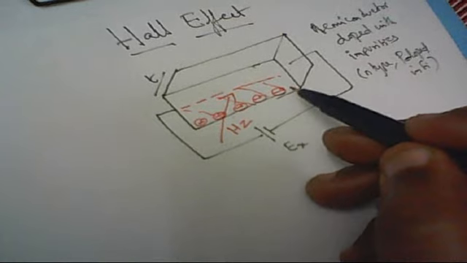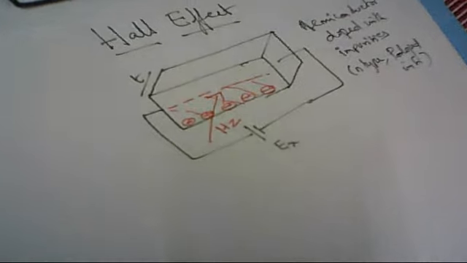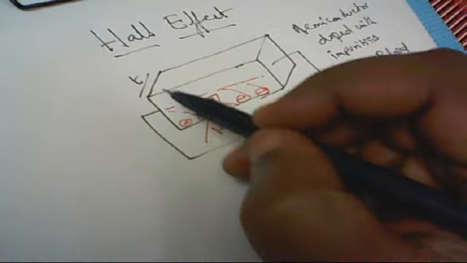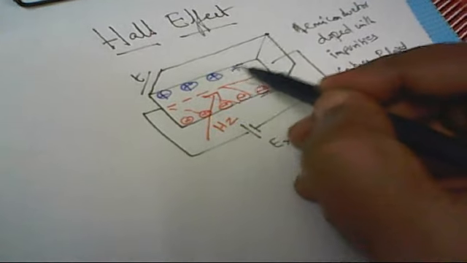Electrons will be accumulated at one end of the sample, and there will be an electron deficient condition occurring at the other end of the sample. So electron rich, electron deficient.